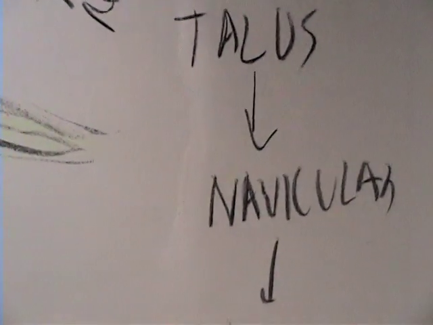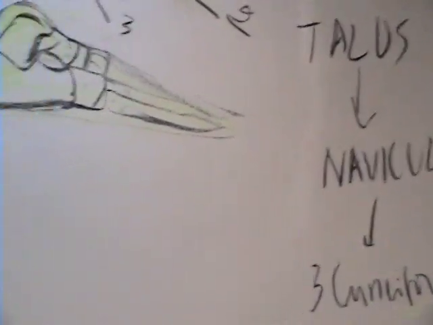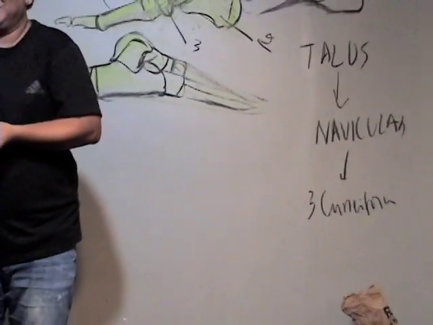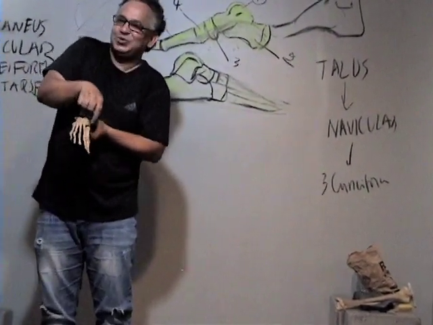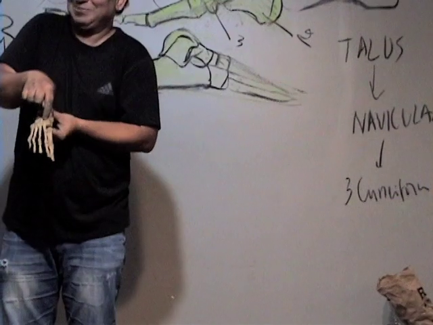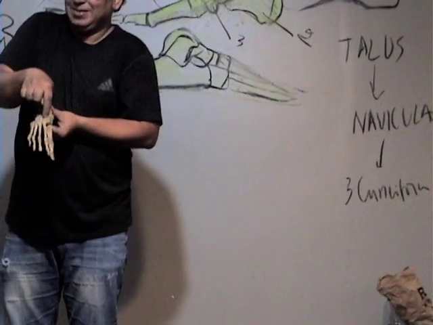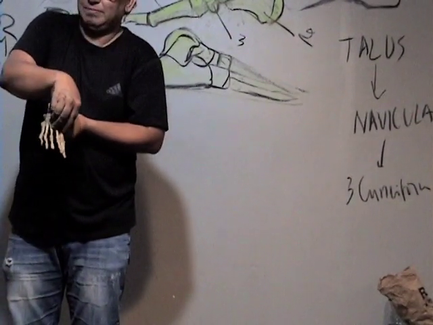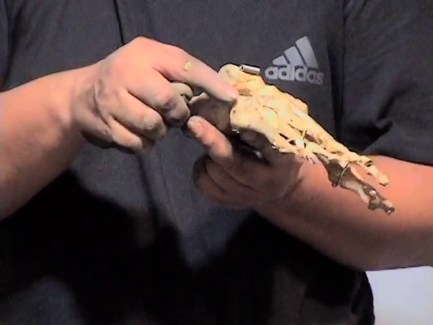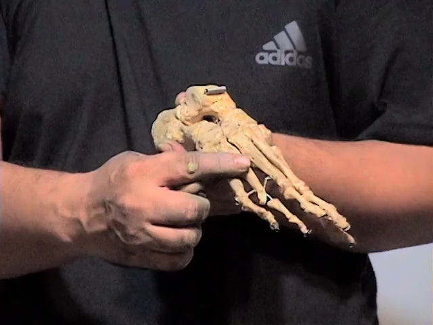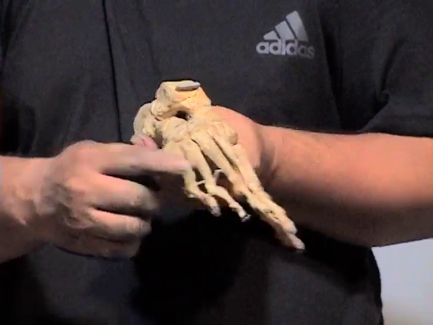So the talus has a friend named navicular, who has three little friends, small friends. And he gives the first three toes. Now the calcaneus has only one friend, the cuboid, who gives us the two other toes. So now the toes are at the same level.